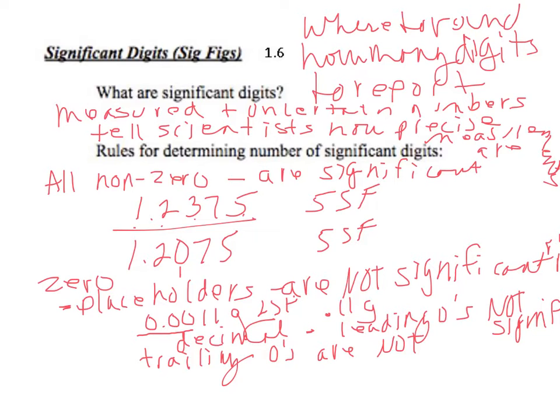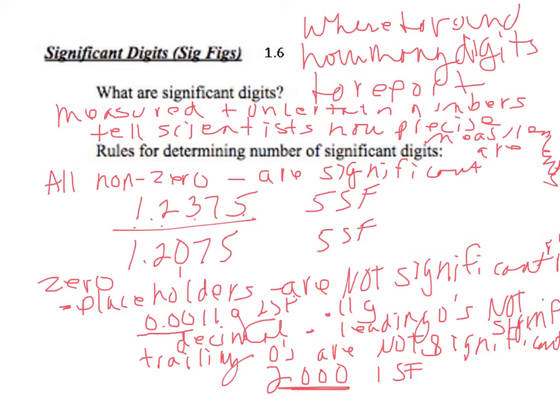Those are there just for place, not significant. Okay, so if someone said, how many students graduated from East High School in the year 2010, and we said 2,000, we cannot assume that these are significant. This might be just a rounded number. So this number would only have 1 sig fig.